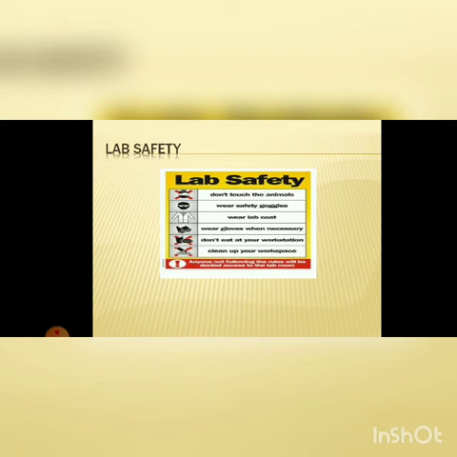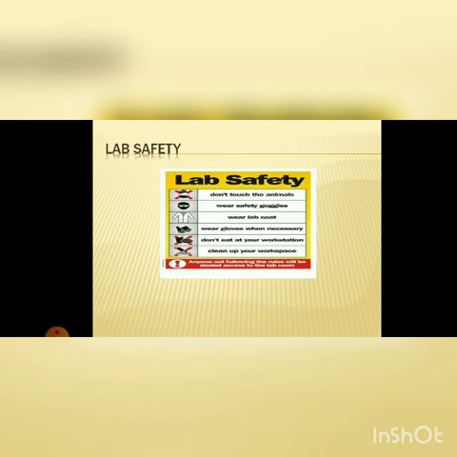Wear the safety goggles, wear the lab coats. It is really important to wear a lab coat and gloves. We shouldn't eat anything while doing the synthesis, mainly in the chemistry lab, and we should follow these rules very properly, because we don't know what effect a chemical has on our body.